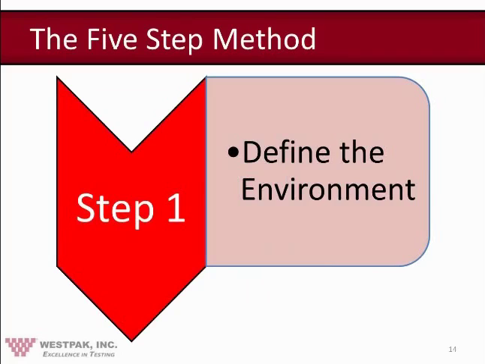Let's continue now with our deep dive, if you will, into the 5-step method. Now, the first step in this process is to define the distribution environment. By this we mean it is necessary to quantify those elements or hazards of the environment that are likely to cause damage to the product. It's important to emphasize the fact that metrics are necessary. You have to put numbers on it.